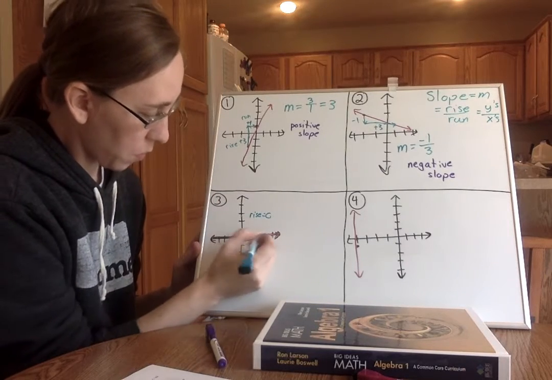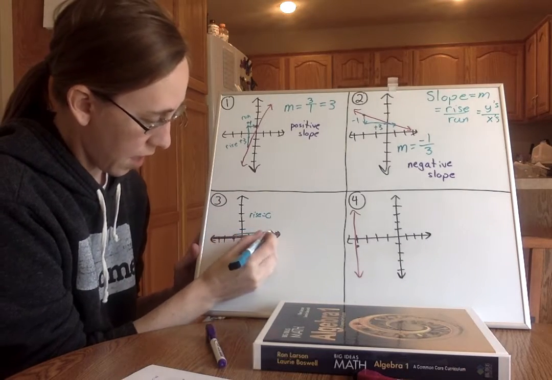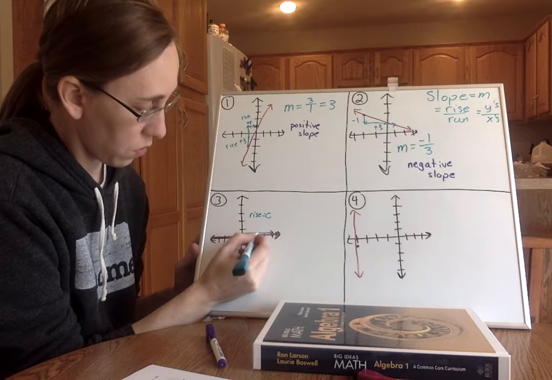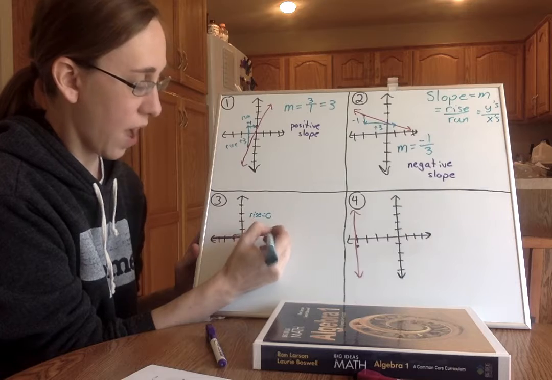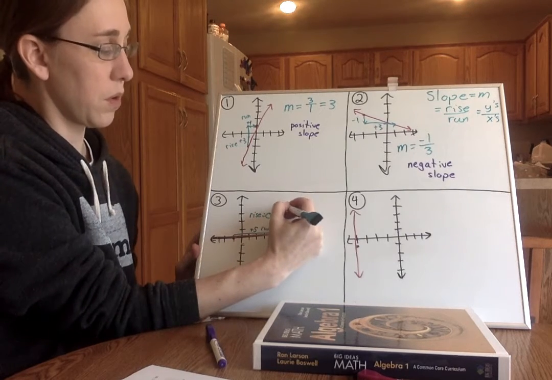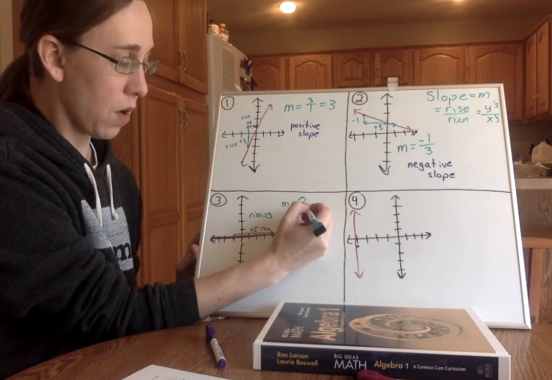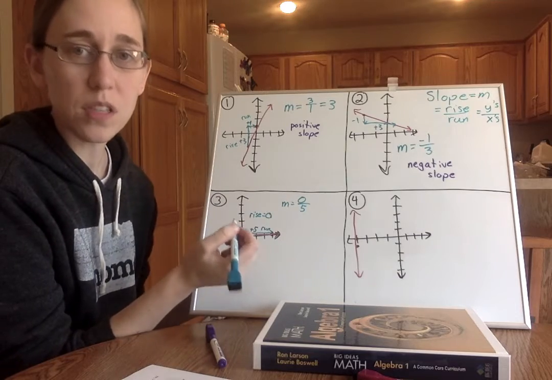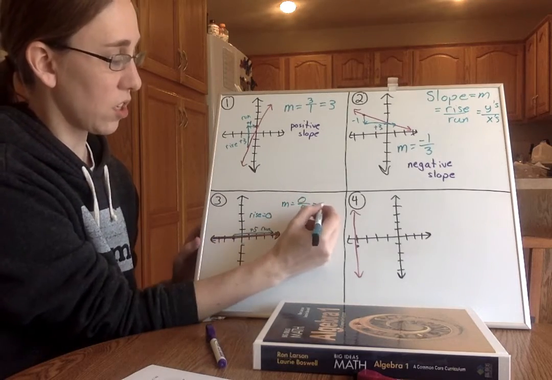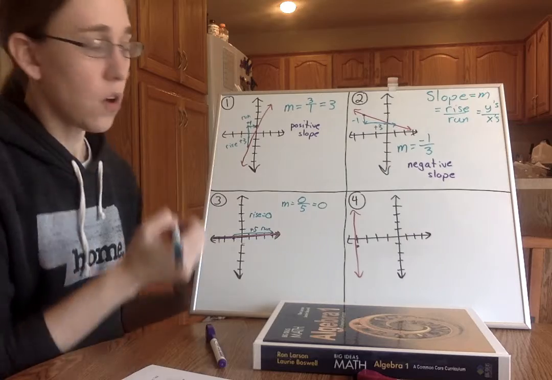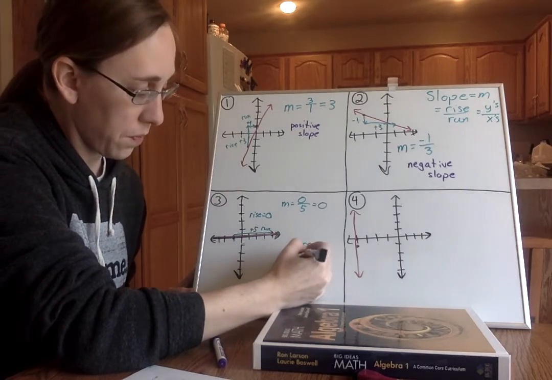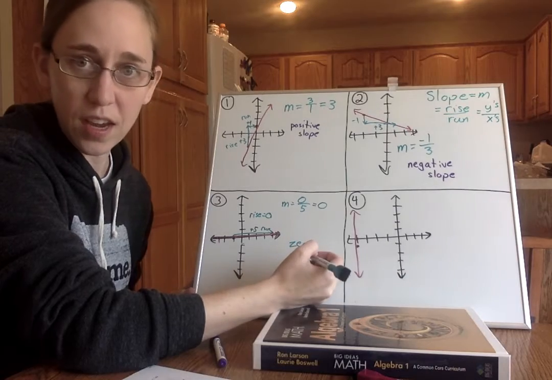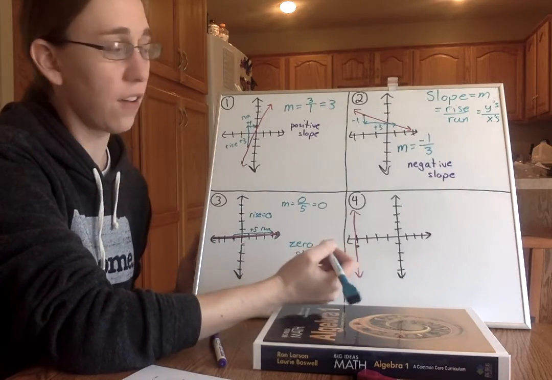But to get from this point to that point, I have to run 1, 2, 3, 4, 5. So my run is 5, my rise was 0. So I have a slope of 0 over 5. Well, 0 divided by anything is just 0. So this is a 0 slope. It's flat ground. The easiest thing to run on, flat ground.